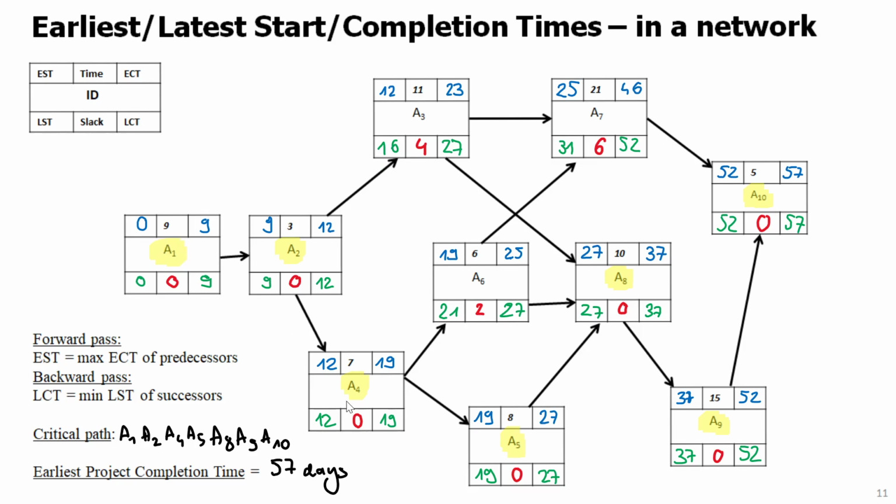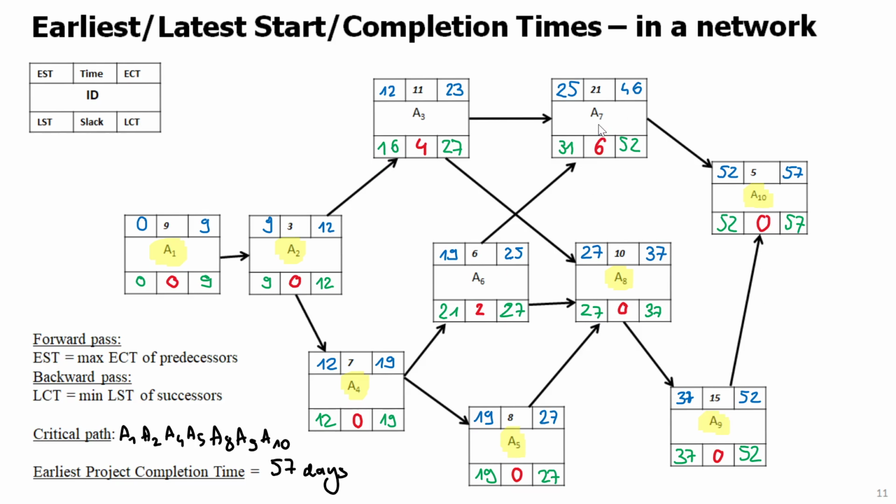But the important thing from a management perspective is that these are critical activities. So if you're managing the project, if you want it to finish on time, in this case, let's say in 57 days, you better assign resources in such a way that you don't create delays, first of all, in those activities, right?